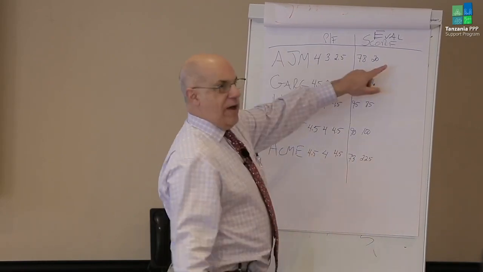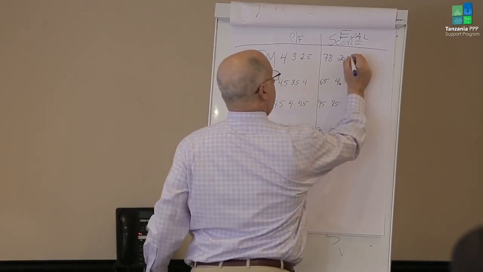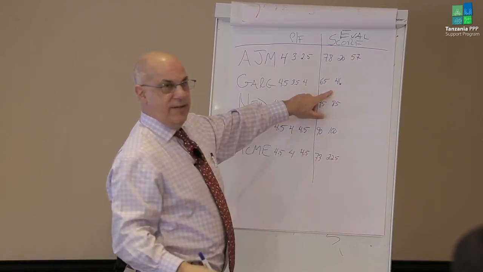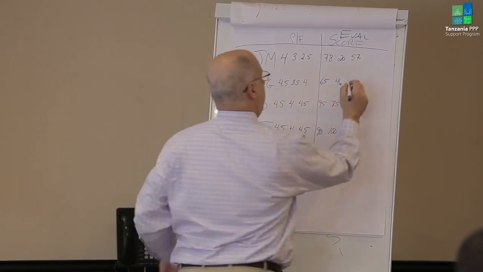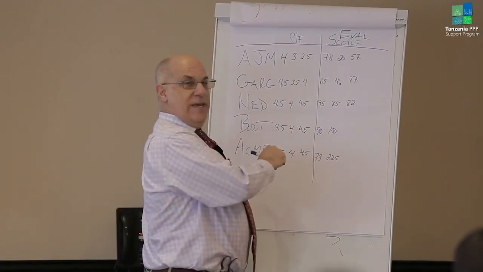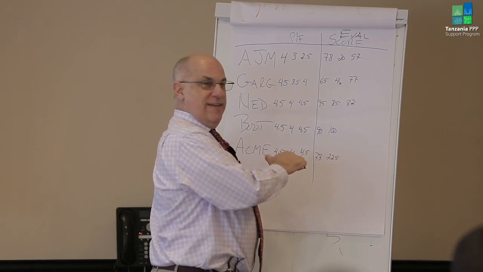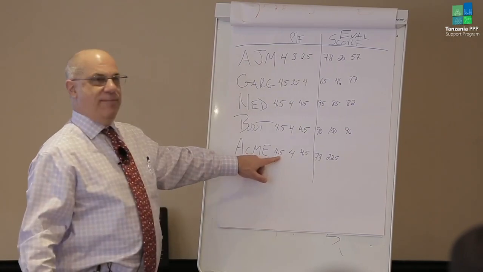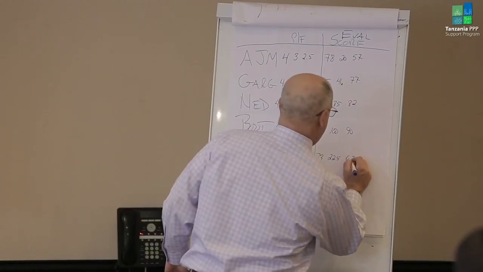And then for the evaluations? 57. Okay. For Gargantuan? 77, okay. For Mr. White? 82. Okay. Me? 90. Yeah, that's about right. All right. And Acme? 68. All right, thank you very much.